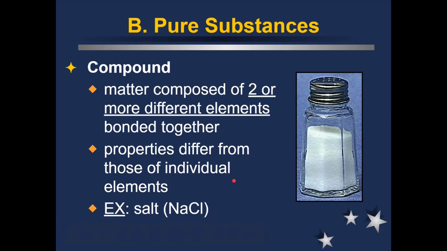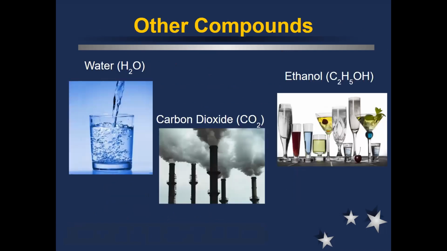So some other compounds that are pretty common in everyday life and that you may have heard of before include things like water, right? So water is 1 oxygen and 2 hydrogen atoms that have bonded together. So different atoms bonded together gives us our compound.